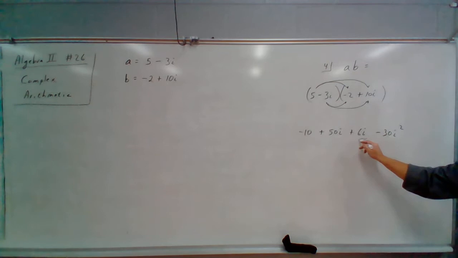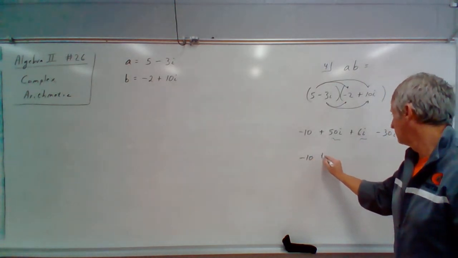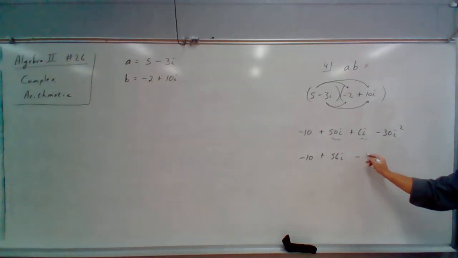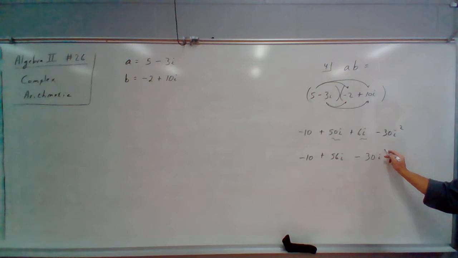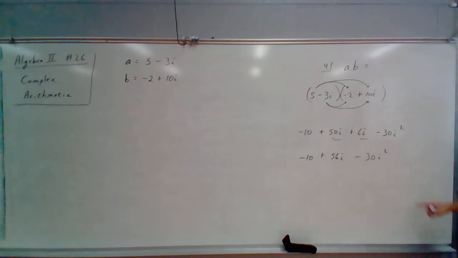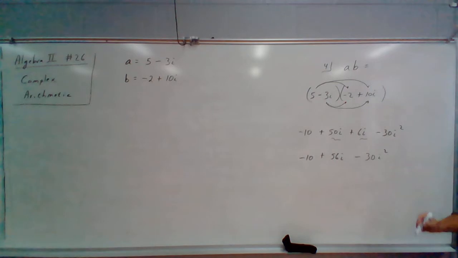All right, here we have like terms, so let's combine those. Negative 10 plus 56i minus 30i squared. All right, so here's the neat part now about complex numbers. What is i squared? Remember from the previous lesson, i squared is negative 1.